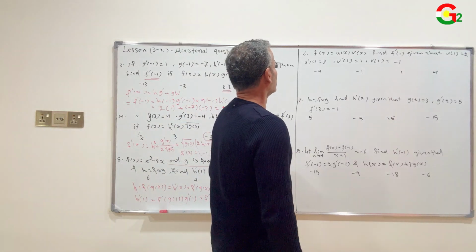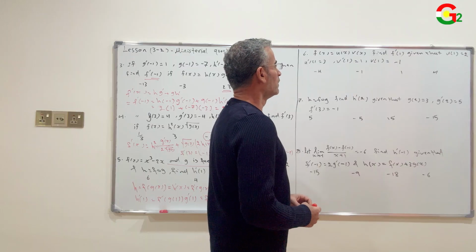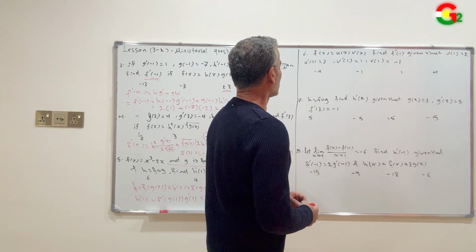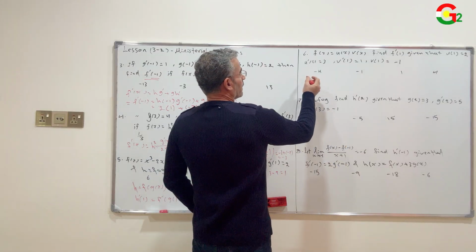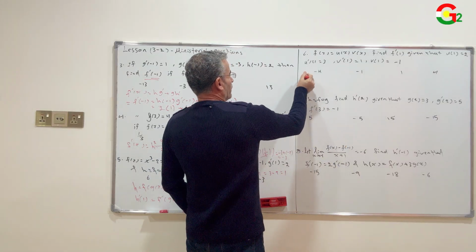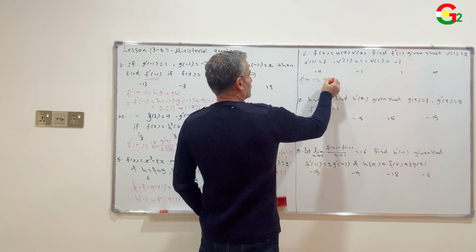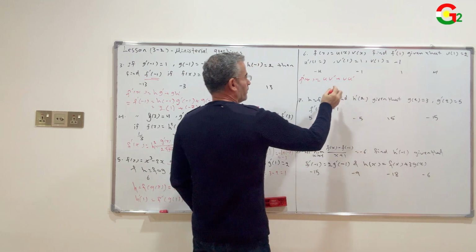Question number 6. f of x equals u times v. Find f prime of 1 given that u of 1 is 2, u prime of 1 is 3, v prime of 1 is 1, v of 1 is -1. f prime of x equals u times v prime plus v times u prime.